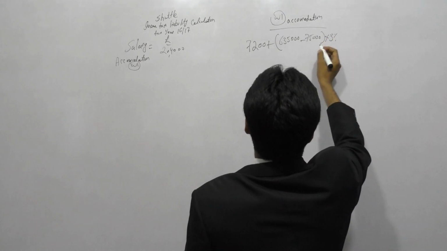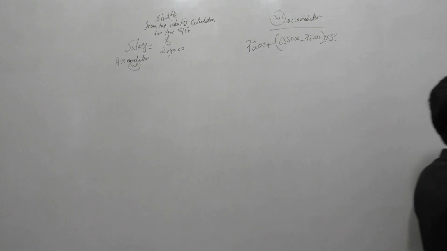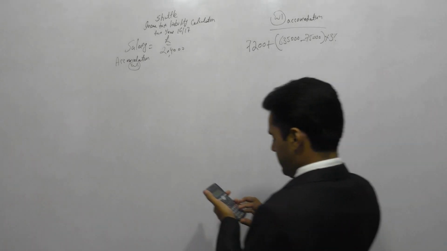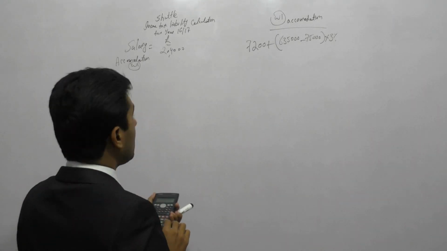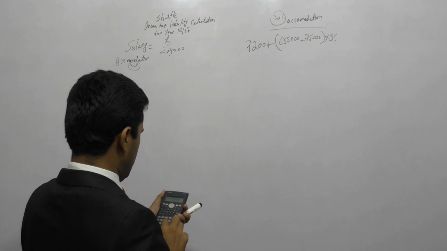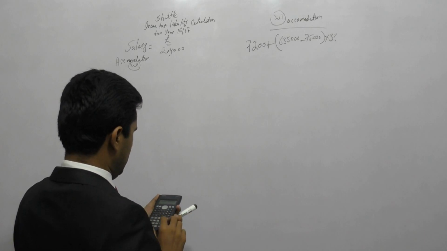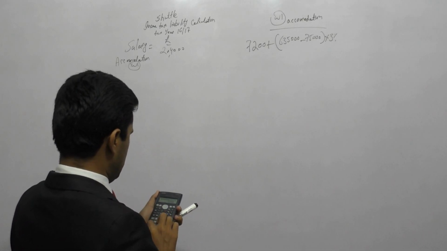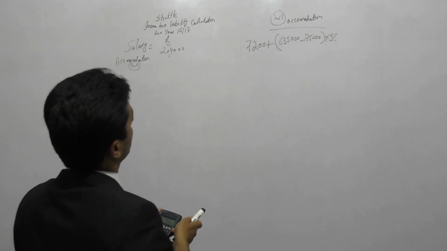Let me do it on the calculator. So it is £635,000 less £75,000 into 3%, £16,800 plus £7,200. So altogether £24,000.